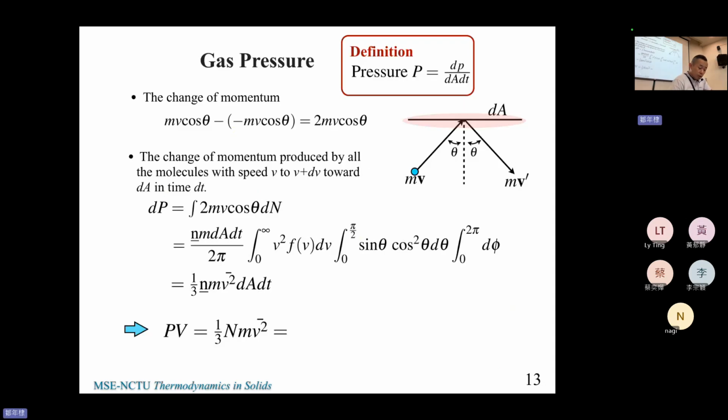Okay, so the definition of the pressure is the change of the momentum. You see that this is pressure, capital P, and small p is momentum. The change of momentum. So, sorry, this is a mistake. It should be d small p. Okay, this is momentum.